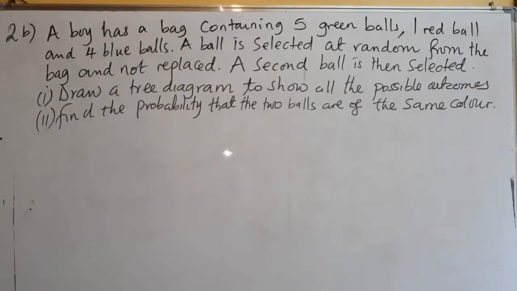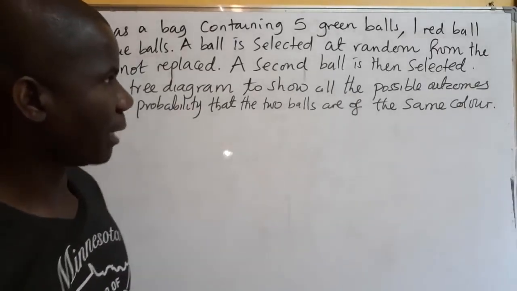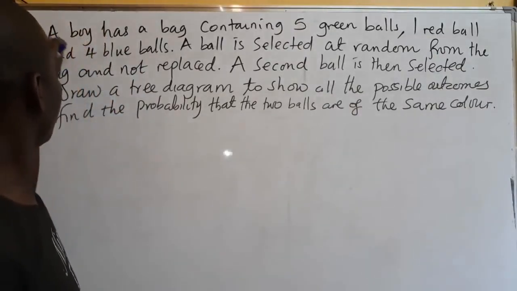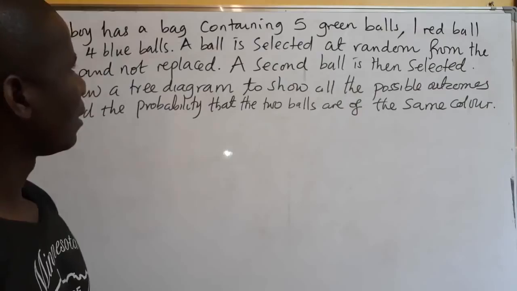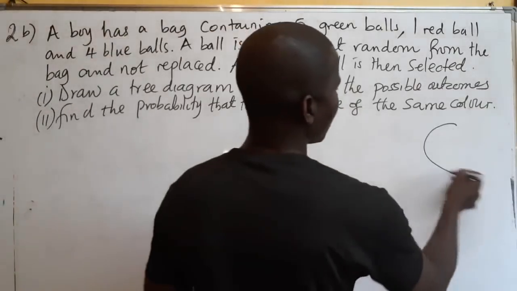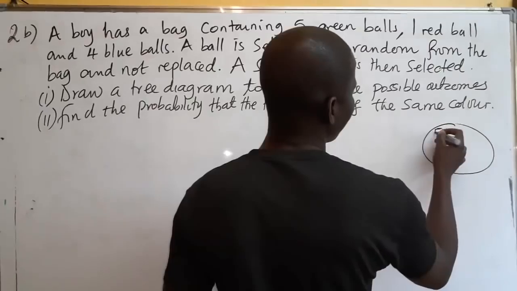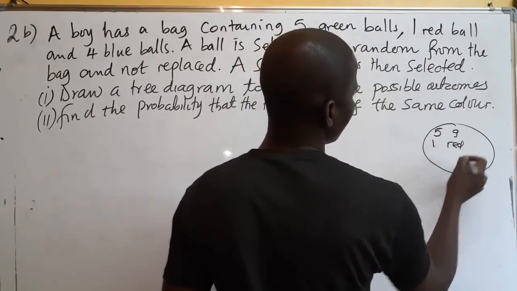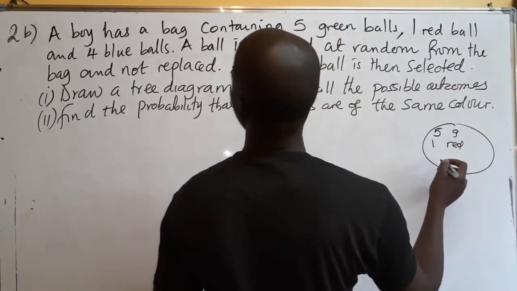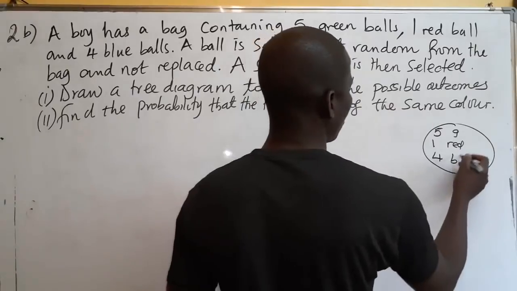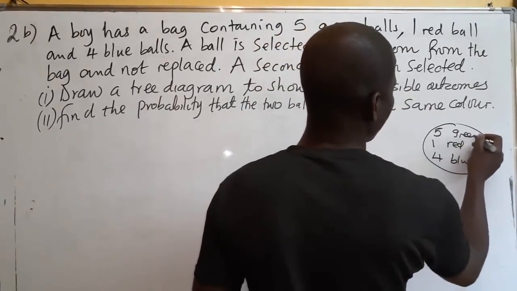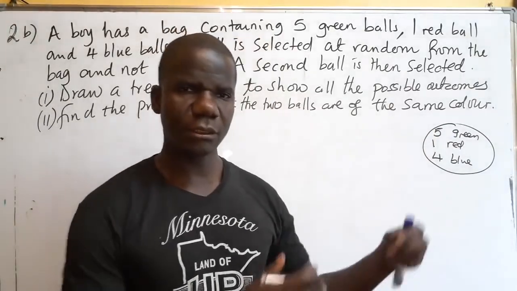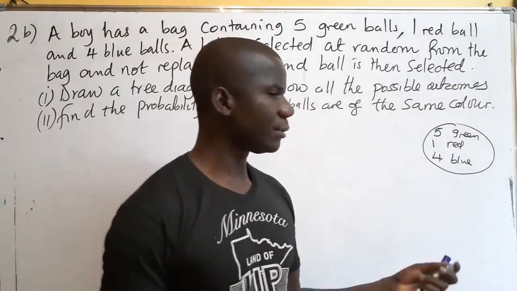Okay, so we look at 2b. This is part 2. This is question 2b. So we have this question: a boy has a bag containing 5 green, 1 red, and 4 blue balls. One ball is selected at random and it's not replaced, and the second ball is also selected.